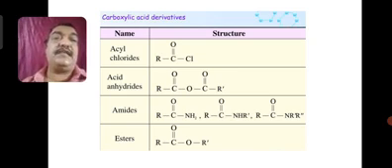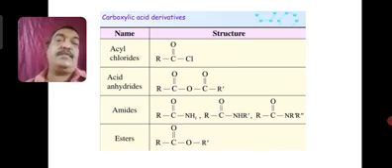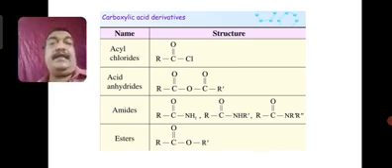The RCO group is an acyl group and Cl is a chloride group. Similarly, in RCOOH the hydroxyl is replaced by OCOR', that is an acid anhydride. Acid anhydride, RC double bond O, O, COR'. Okay, so it's an anhydride.